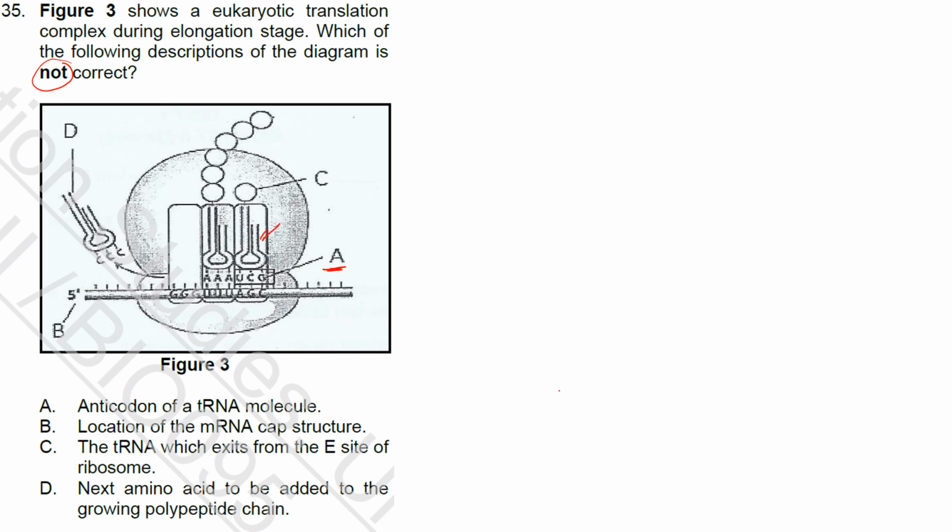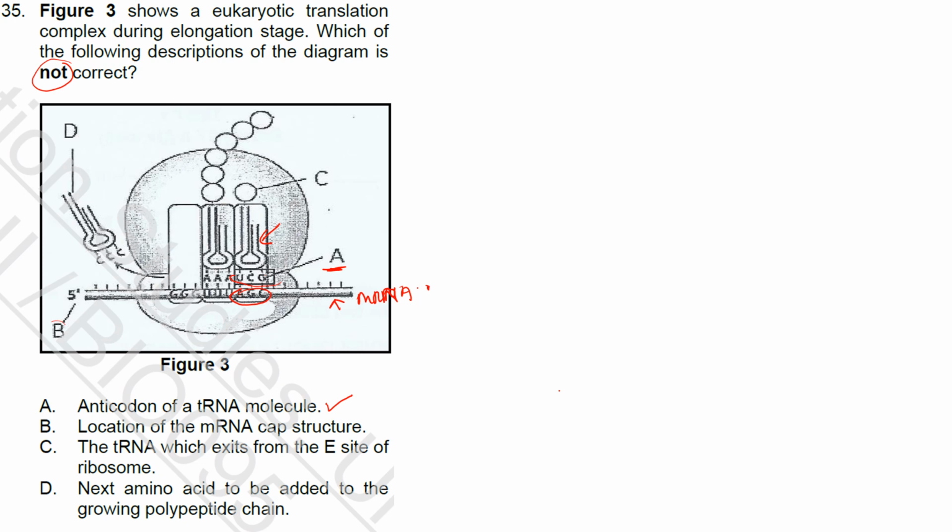So this is the tRNA molecule that has the anticodon that matches the codon on the mRNA. So this is the mRNA molecule. The anticodon on tRNA matches the codon on mRNA, so statement A is correct.